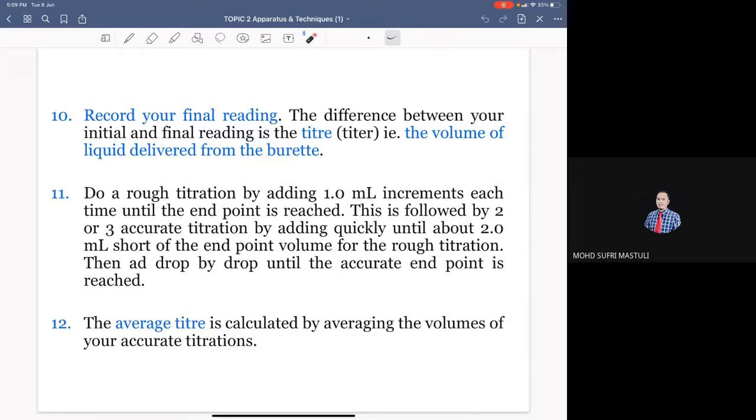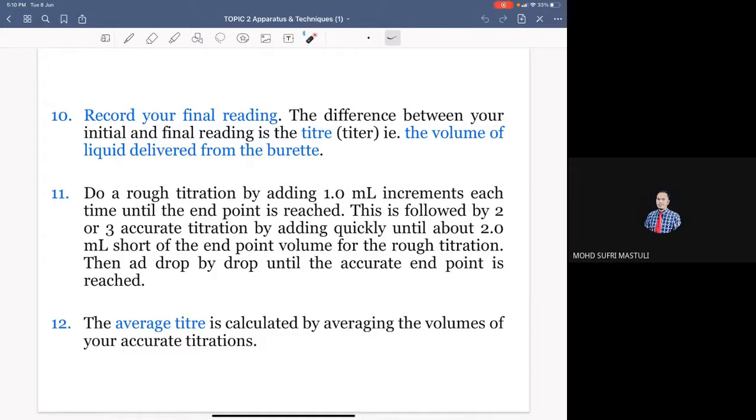When you do titration, you can try and error. You can start with a rough titration in order to estimate the volume of the standard solution required to reach the end point of the sample.